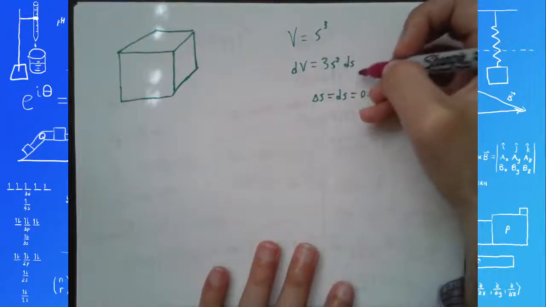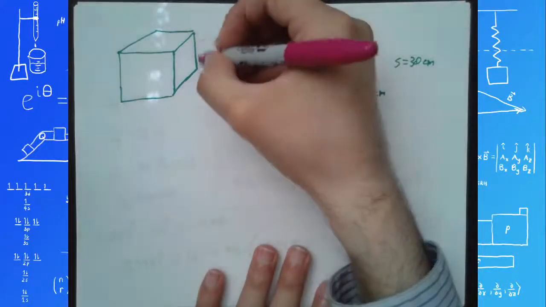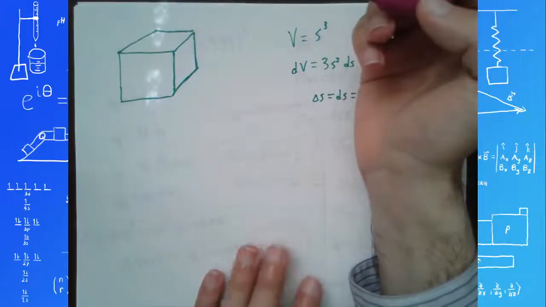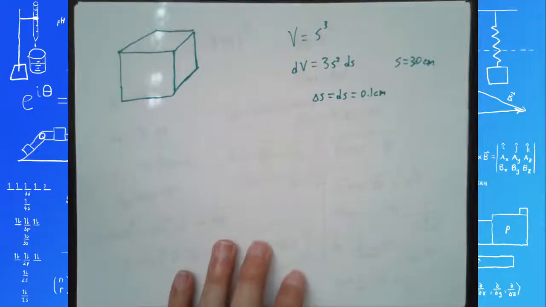So what is the 3s squared ds doing? Well, if s is the length of the edge of the cube, then s squared is the area of any one of the faces of the cube.